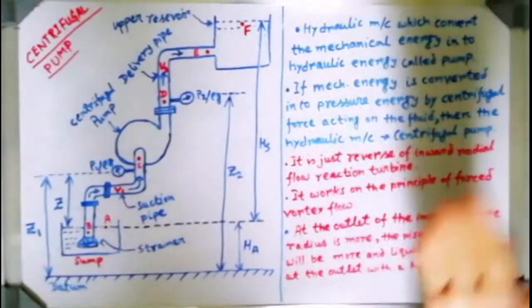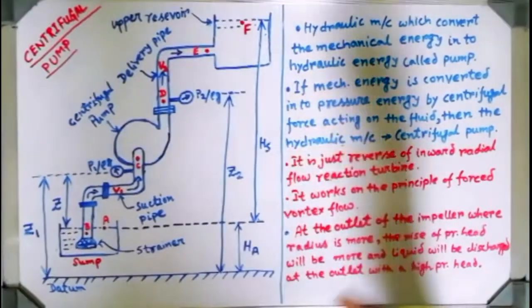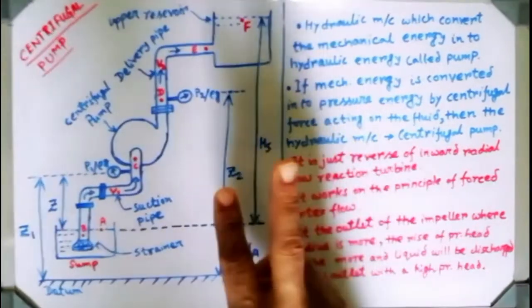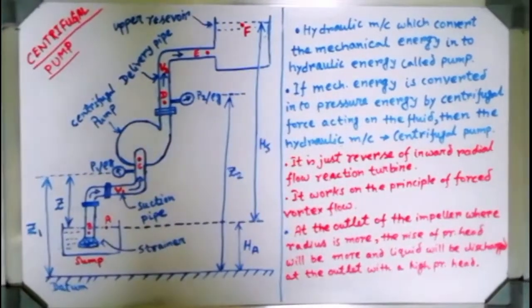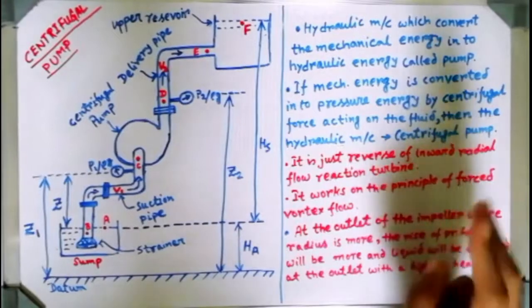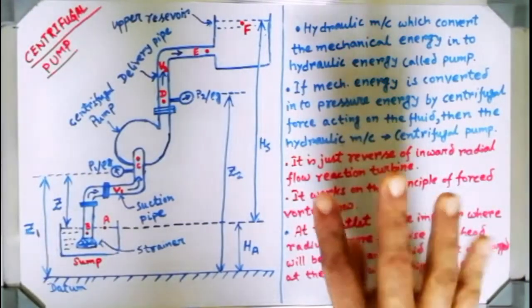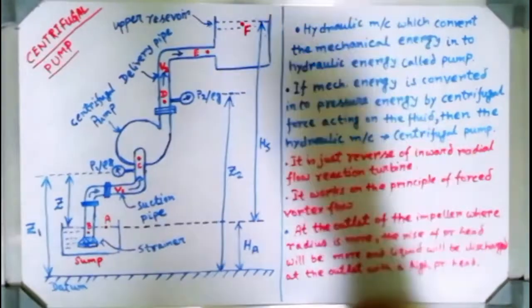A question frequently asked is, what is the difference of working principle between a centrifugal pump and a Francis turbine? You should reply that both of them are just doing the reverse to each other, opposite to each other.